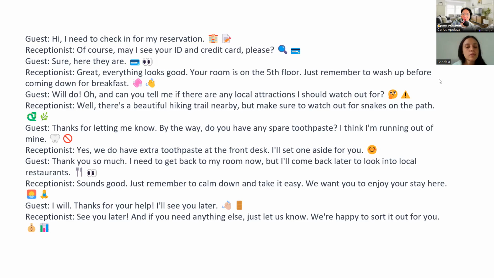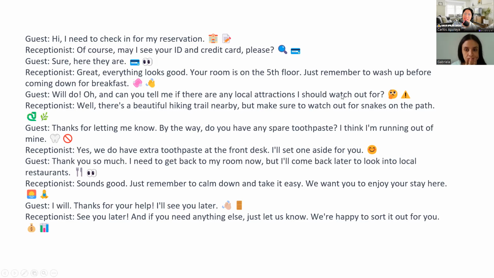Here we have the expressions in practice, put in context. Remember that when you talk about the number of the floor, you say on. Remember to wash up: wash your face and wash your hands before coming down for breakfast. Or if there are any local attractions I should watch out for.